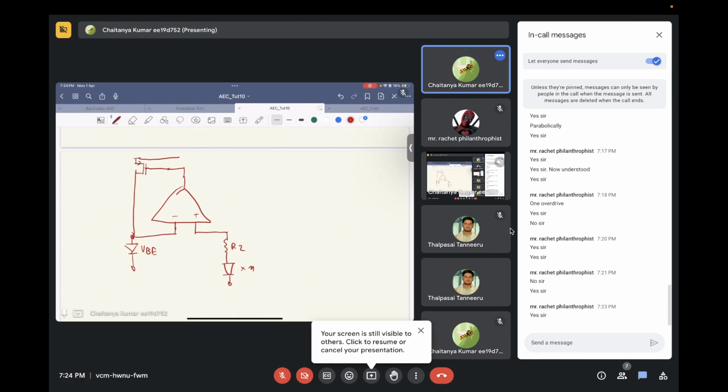Okay. Let's say I have something like this now. Now this is VB. What is this voltage? VBE minus VT ln N. So what is this current?